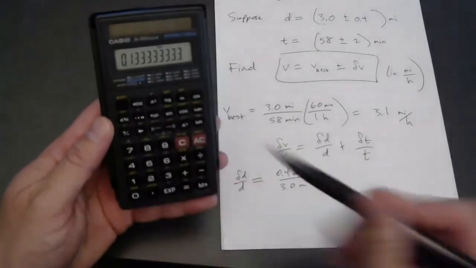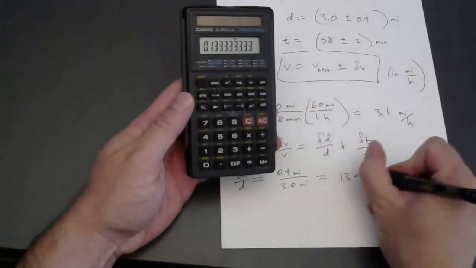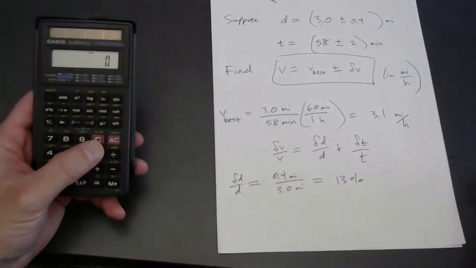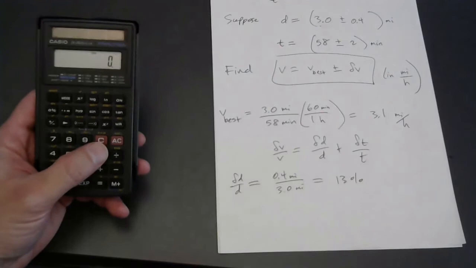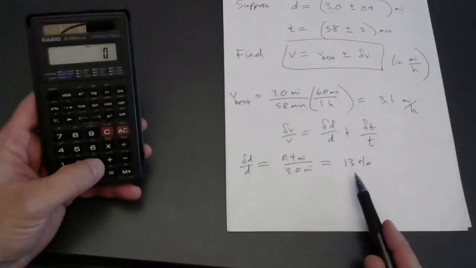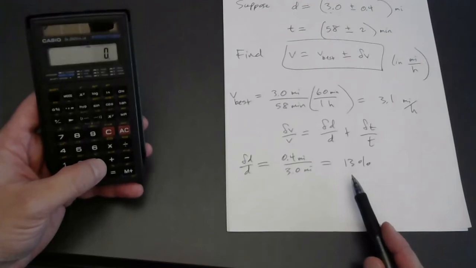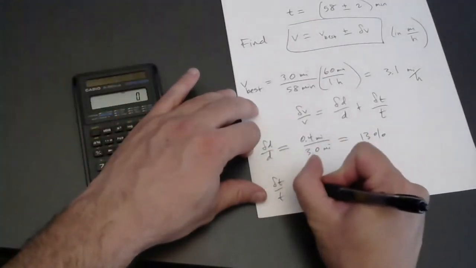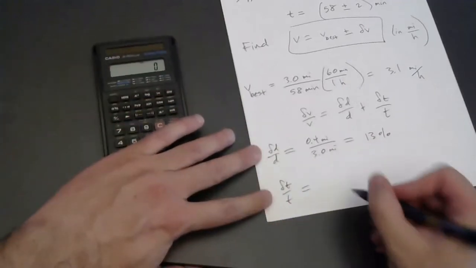I'll multiply by 100 and say that's basically 13%. So your estimate of the distance you walked is uncertain by 13%. You could even round that down to 10% because this whole thing is approximate anyway, but I'll keep the 13.